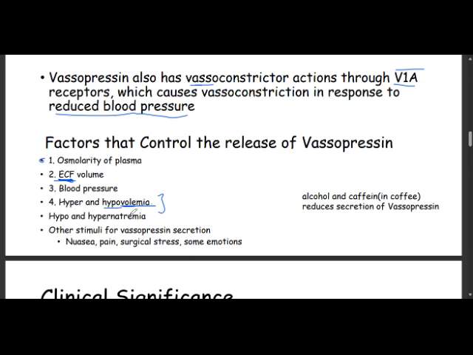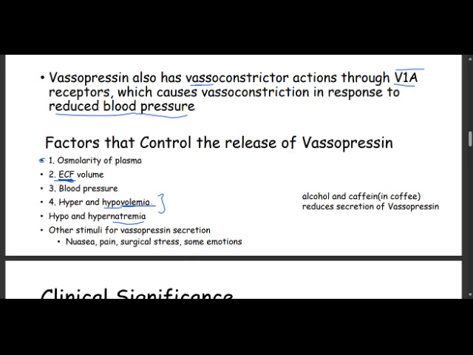Then there is hypo and hypernatremia. Hypo and hypernatremia is just the concentration of potassium. Sorry, sodium. Yeah, not potassium. Hypo and hypernatremia, that's related to the concentration of sodium. So if the concentration of sodium is high, that means that's a high solute concentration. Hypernatremia, high solute concentration. Remember, high solute concentration means we now have what is known as a high tonicity.